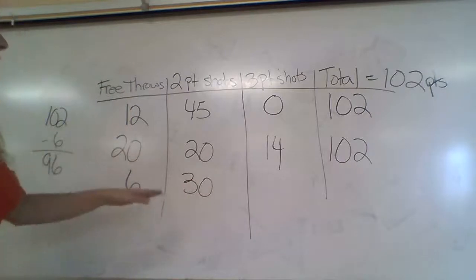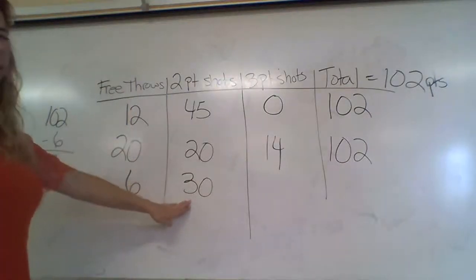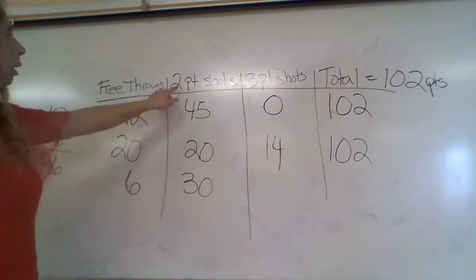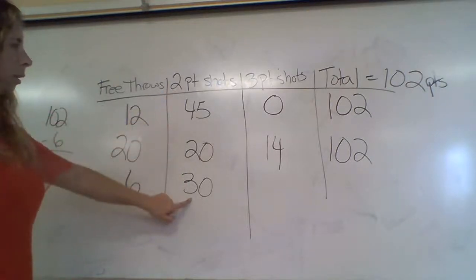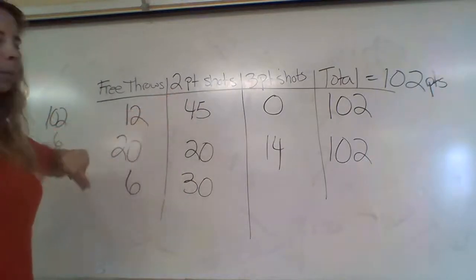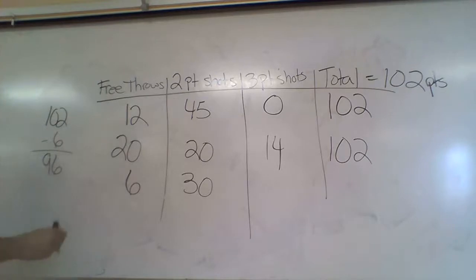Okay, so remember, how many points is this though? You're not just adding these numbers together. This means I make 30 2-point shots. So that's 30 times 2 to get the number of points. So that's 60. All right, so that's another 60 points.